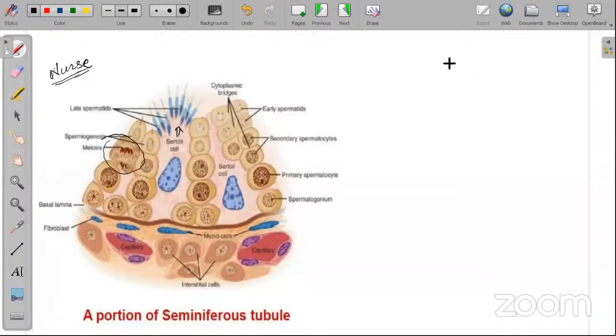Actually Chiran, we will discuss it. There is a specific structure in the Sertoli cell to anchor the cell, that is the spermatid. We will go into detail on it, so don't worry.